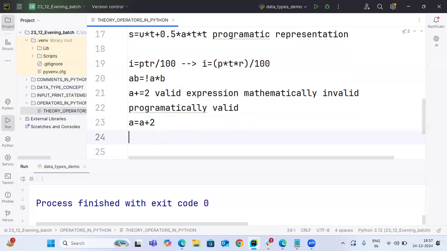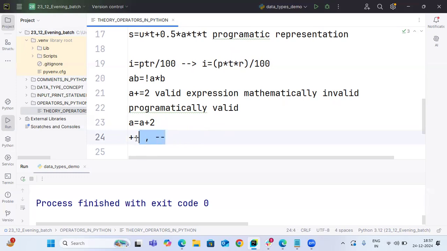As per Python, before Python, many of you have already learned C++ and Java at college level. You might have heard of the plus plus and minus minus operators in C++ and Java. Plus plus is treated as a pre- or post-increment operator, and minus minus as a pre- or post-decrement operator.